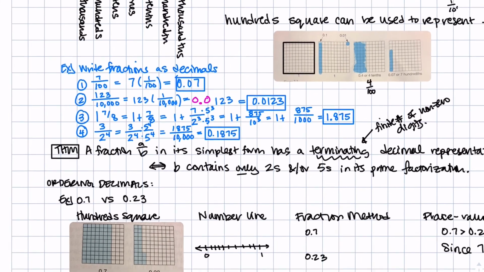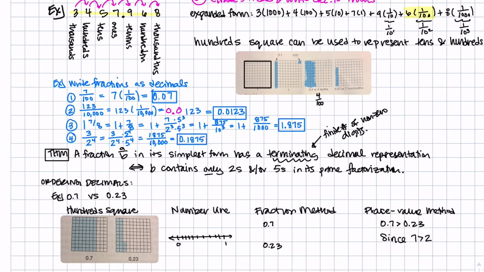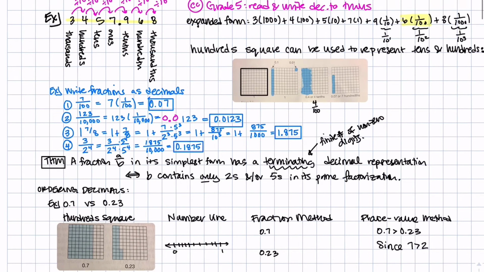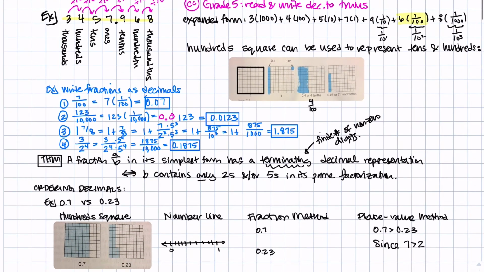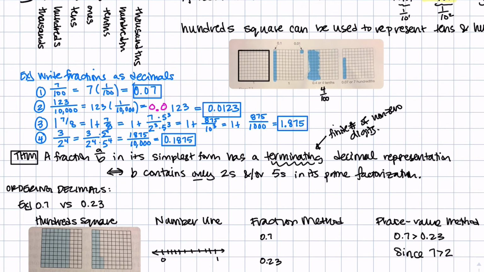And so that's where we get the following theorem. A fraction a over b in simplest form has a terminating decimal representation if and only if b, the denominator of that fraction, has only 2's or 5's in its prime factorization.